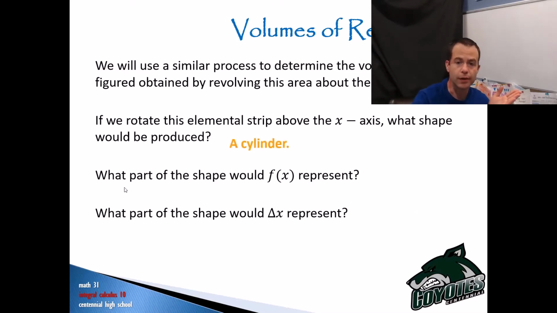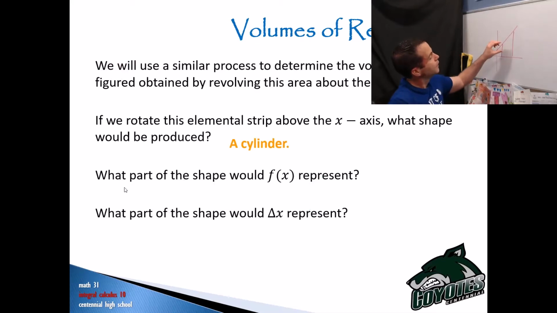Where f of x would represent, I want you to think that through before I show you the drawing. Here's what I originally gave you. Now, at any point in time, if I took a strip of this out, I'm looking at a cylinder.